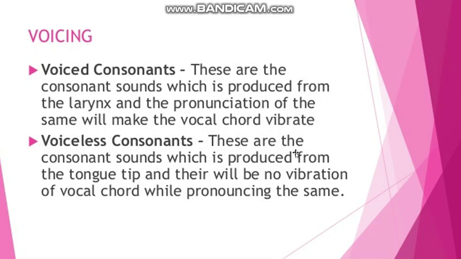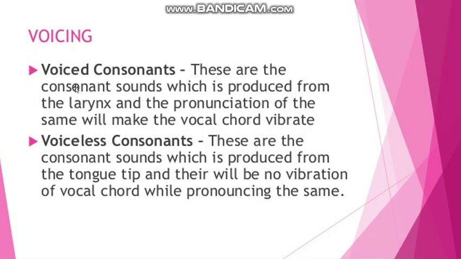And then voiceless consonants, these are the consonant sounds where there will be no vibration of the vocal cords while pronouncing them. So when you say s and touch your neck, if you don't feel the vibration, it's called a voiceless consonant.